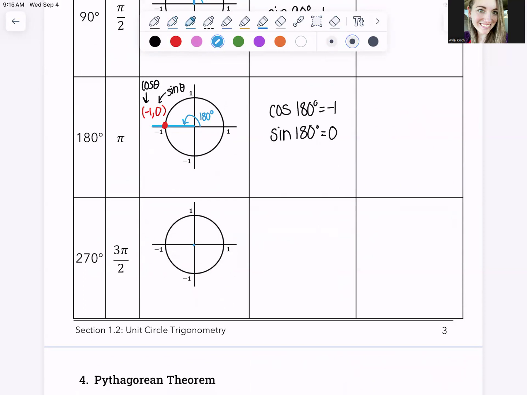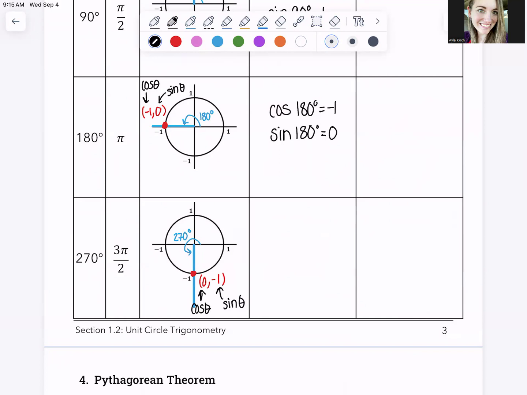Last one here, because if we do 360, it'll be the same as 0 degrees, right? This is 270 degrees. We have this point here, which is 0 comma -1. Again, x is cosine and y is sine.